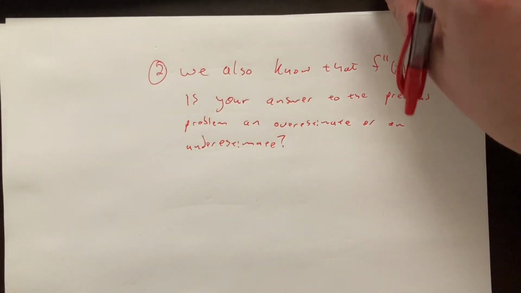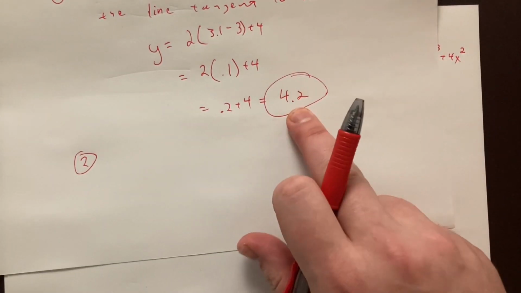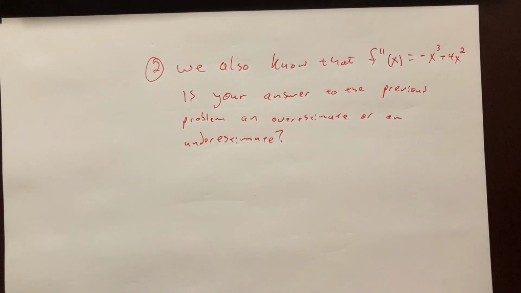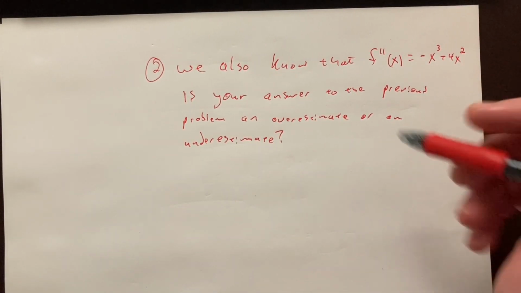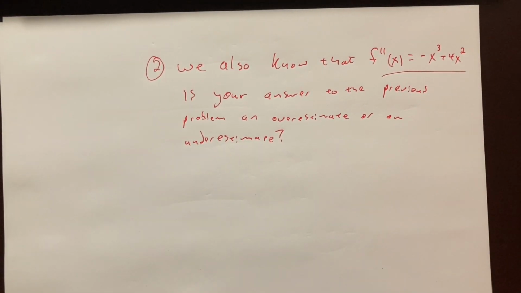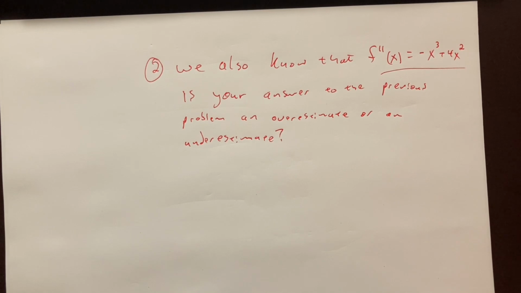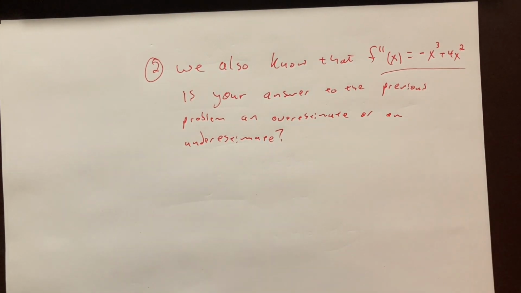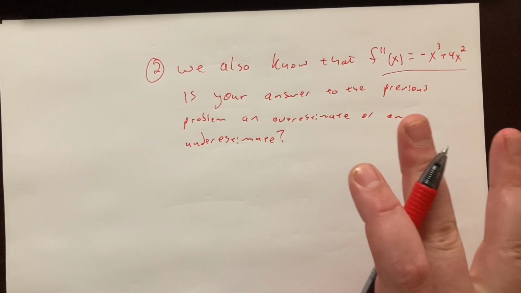So now we have our estimate. Our estimate is 4.2. Whatever that is doesn't matter. What does matter is that now we have the second derivative, and this second derivative is very simple. I came up with it just for this problem. But on my big scary Unit 3 AP Calc test, you're very likely to have a second derivative that is enormously more complicated, but just so that we know the concept.